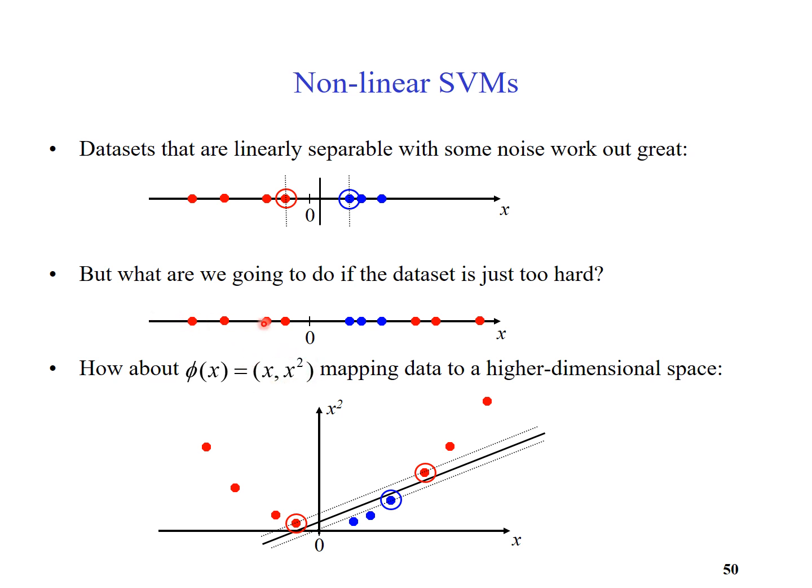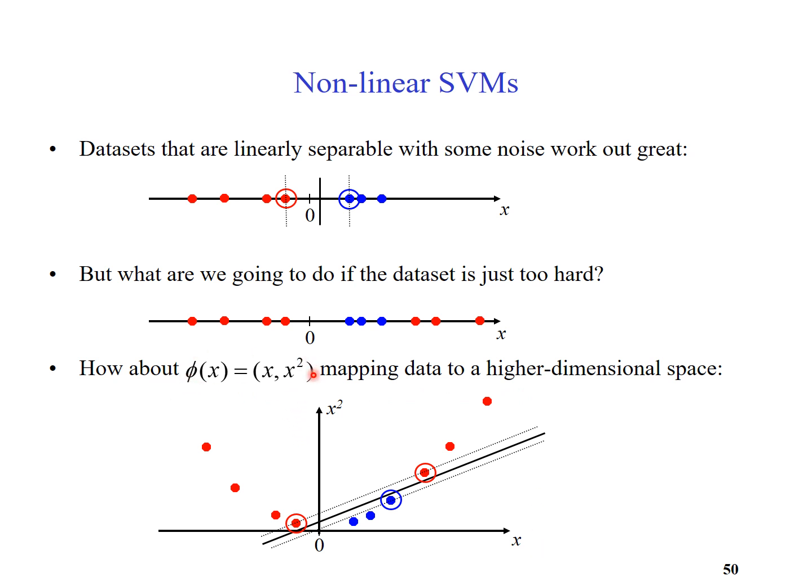This is the original data X. When you expand into two dimensions, this is the mapping: the first dimension is X, the second dimension is X square. That's how we get all this data in two dimensions. This is the mapping pi of x, from this one-dimensional data to this two-dimensional data.